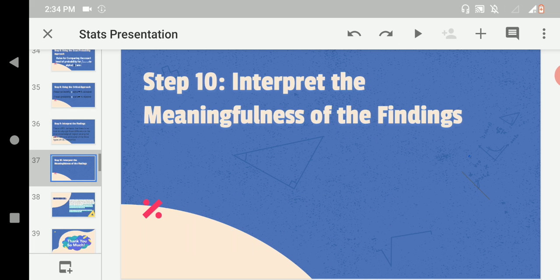Okay, and the last step is we have to interpret the meaningfulness of the findings. I did not include it here, but it's written in our written report.